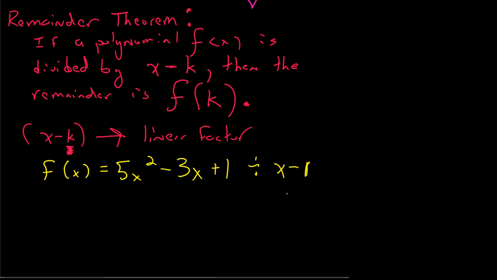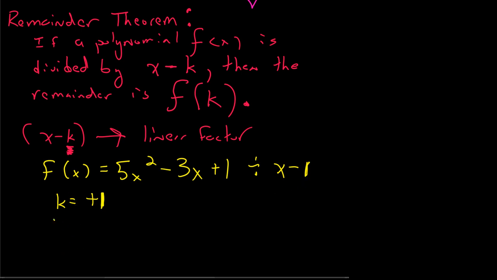So I look, hey, this is to the first power, and so my k is positive 1, right? Notice the sign here. In this form, k is equal to positive 1. Please note, it's negative in my theorem. So the number I'm pulling out is the 1.